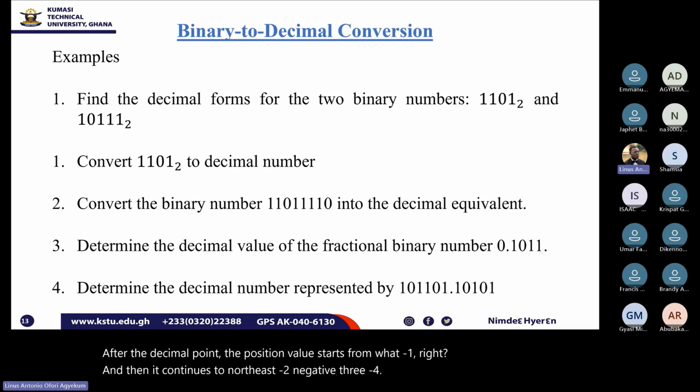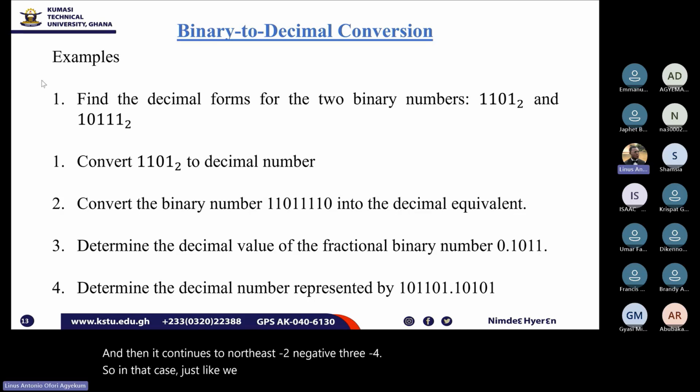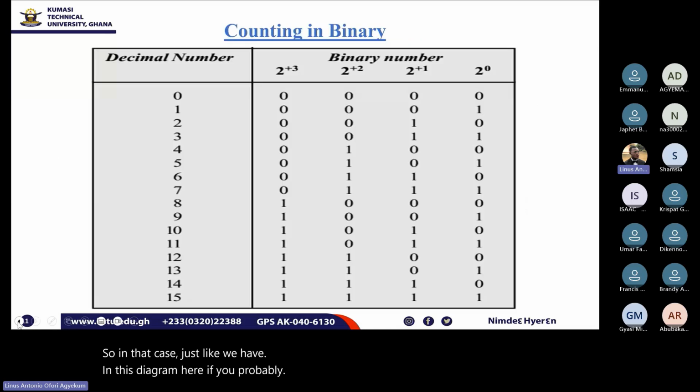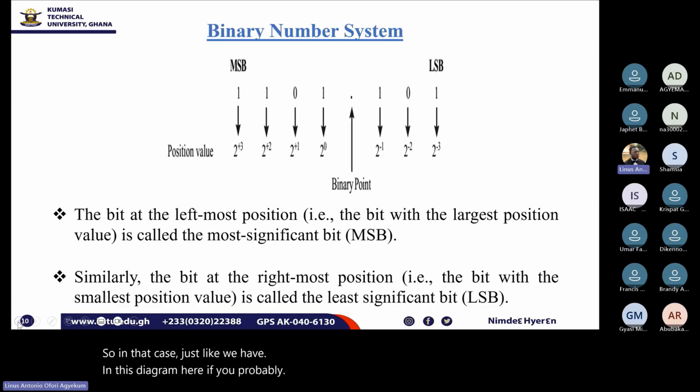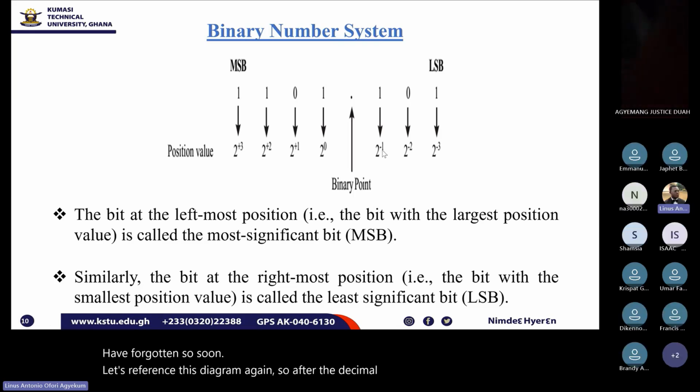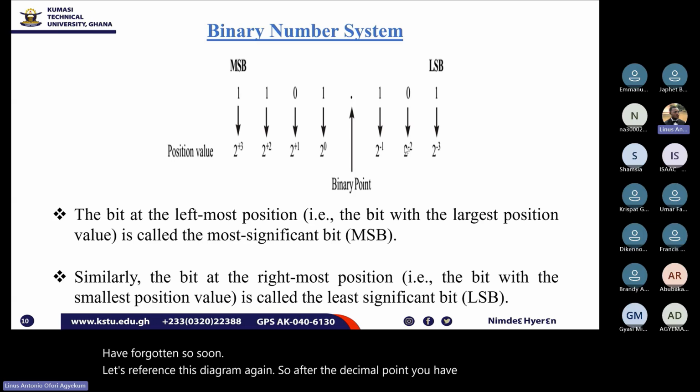So just like we have in this diagram here, if you have forgotten so soon, let's reference this diagram again. After the decimal point, you have 2 raised to the power -1, 2 raised to the power -2, and then 2 raised to the power -3.